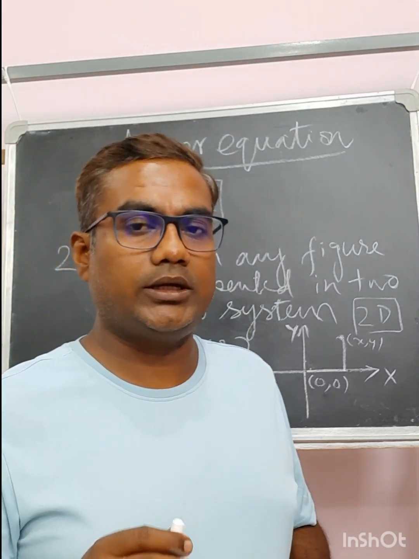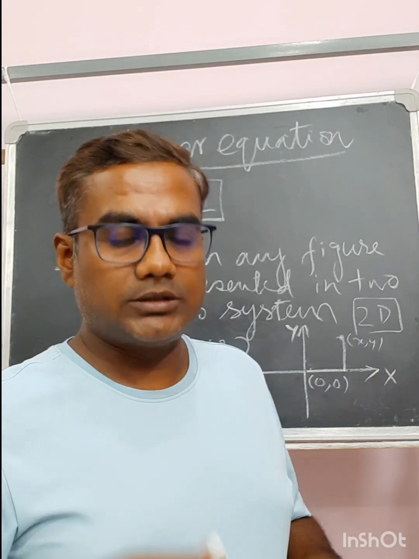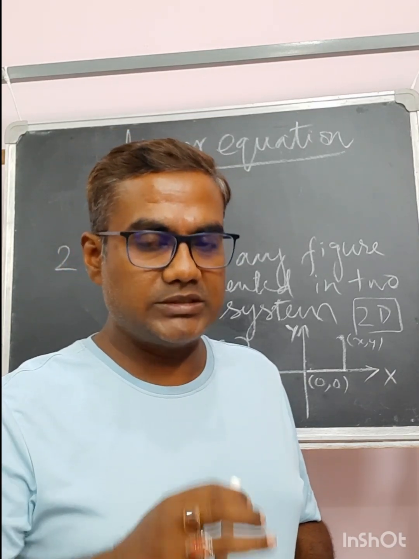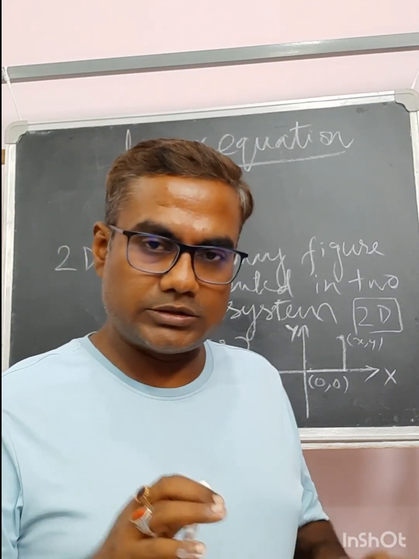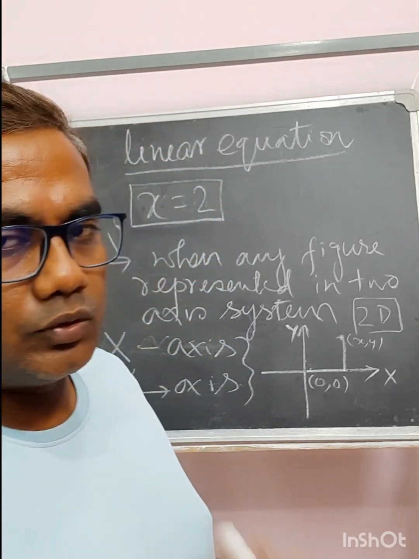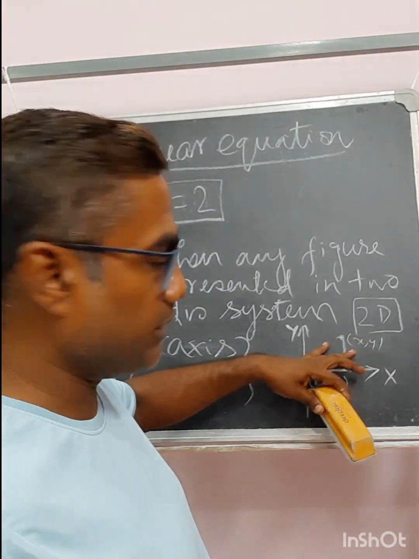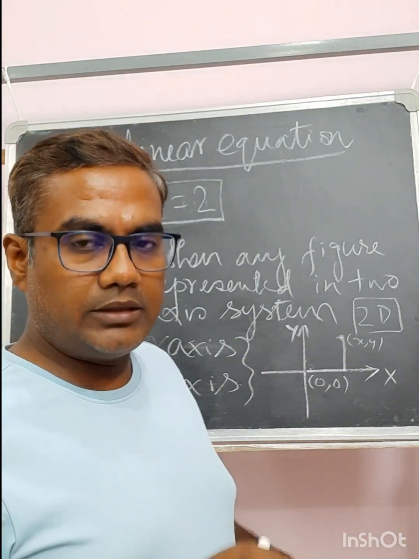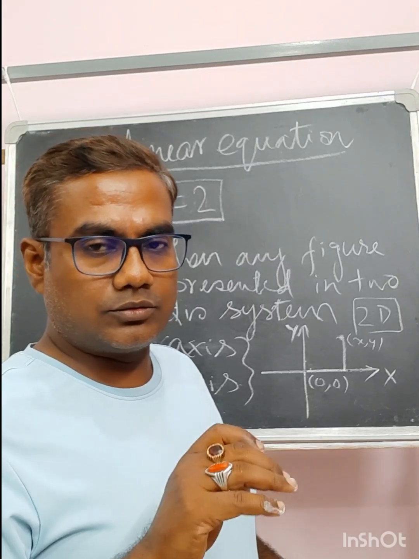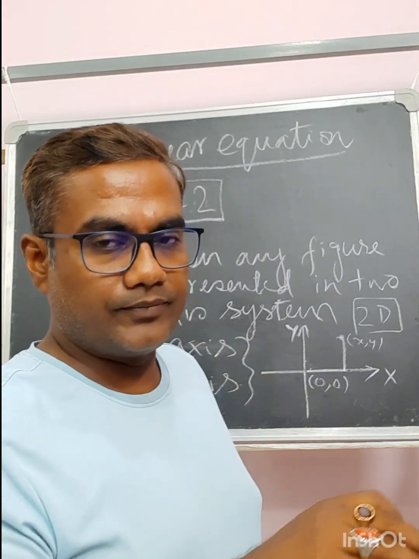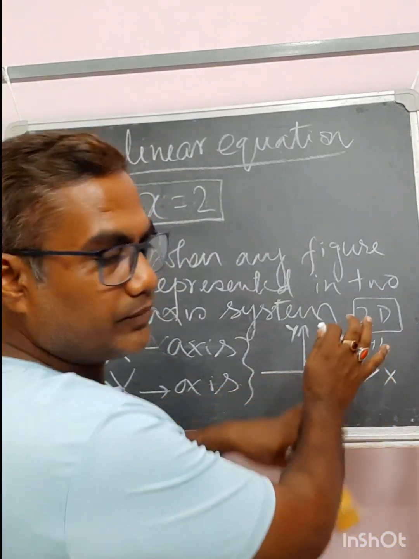You cannot have any figure without these three dimensions. That means it should have width, length and breadth. All three should be there. When those figures are represented in 2D, on a 2D plane, then I am assuming I am seeing it from some direction, and assuming that it is being plotted in two dimensions.